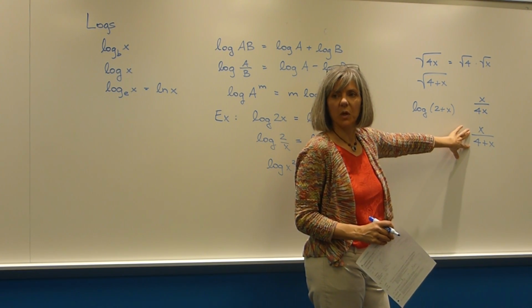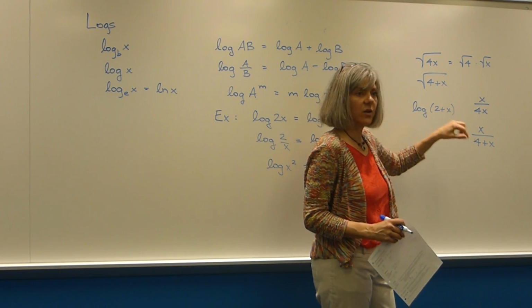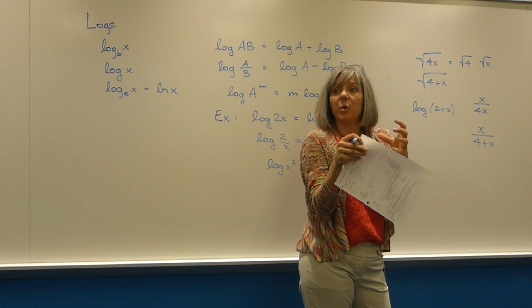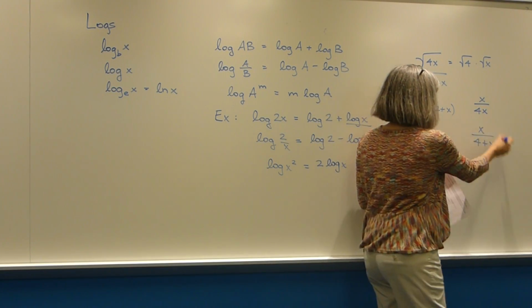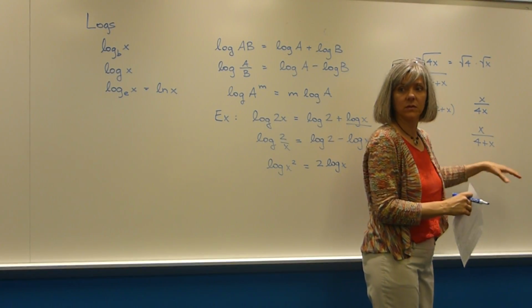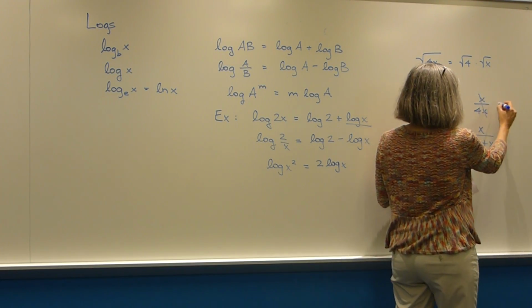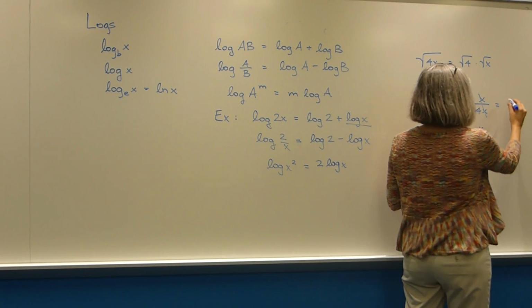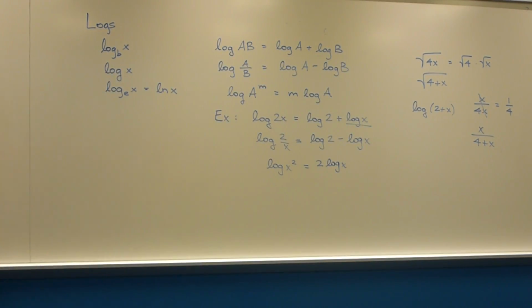You can only cancel multiplied factors. This 4 plus x, just like square roots and logs, you can't break that apart. It's wedded together. There's nothing you can do. So these absolutely do not cancel. What about these up here? Yes, multiplied factors you can cancel. When I cancel them, what do I have left in the numerator? 1. So this is 1 over 4. Okay. Right, so, perfect.